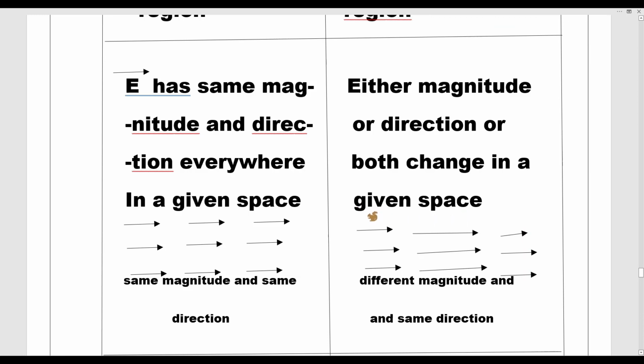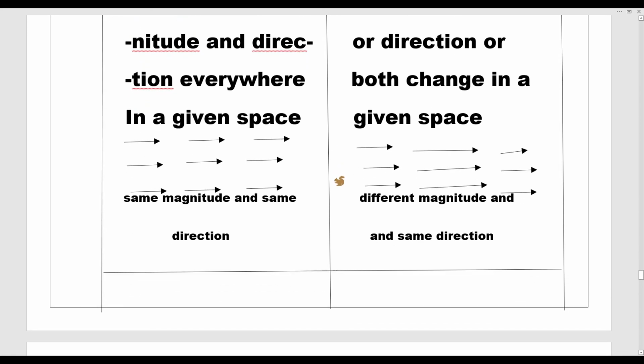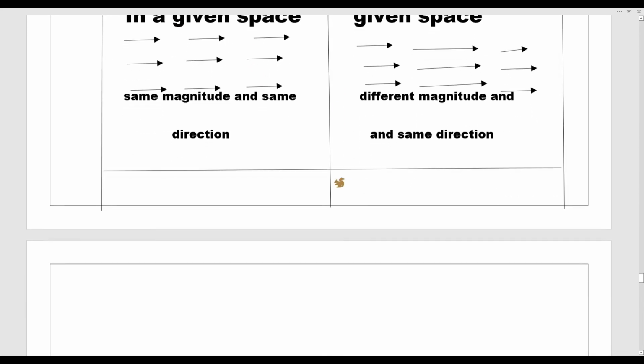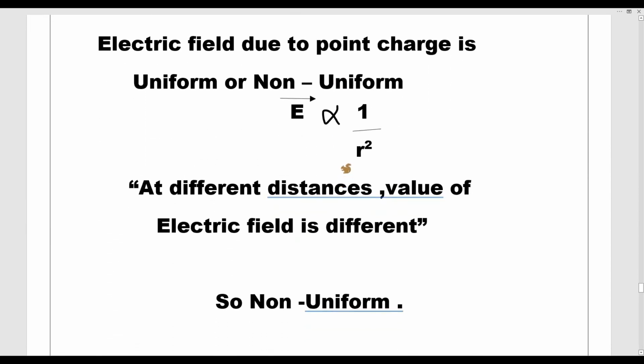Okay guys, so far we have discussed the 7 aspects of electric field. In the last part of this session, we will discuss whether the electric field of a point charge is uniform or non-uniform. From the expression for electric field, we know that E vector is inversely related to r square.